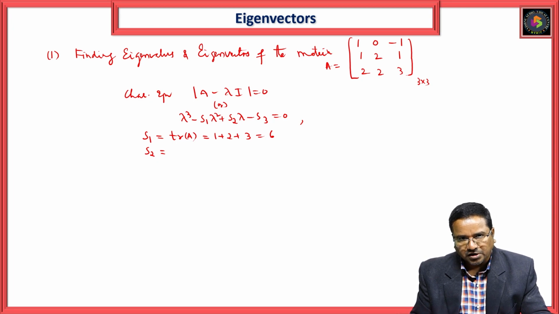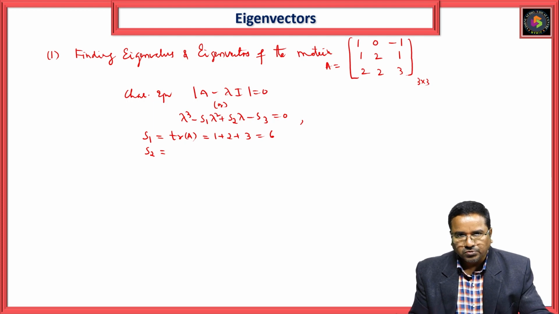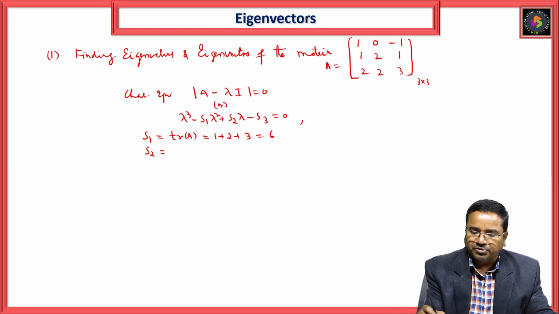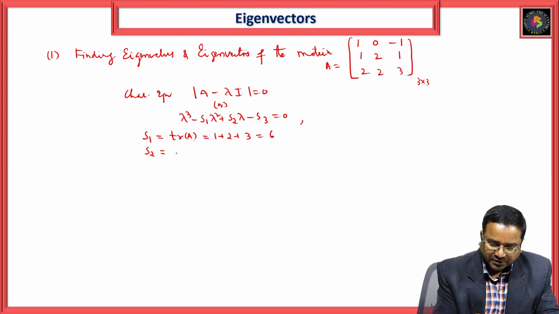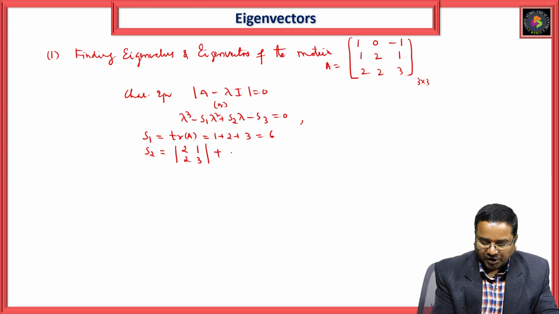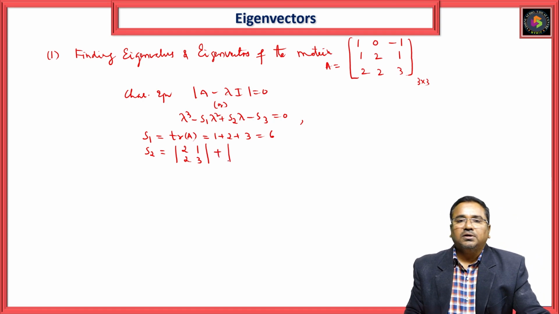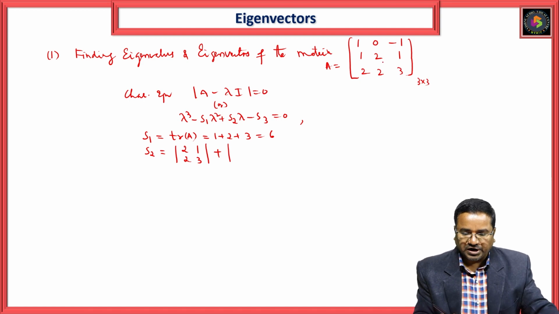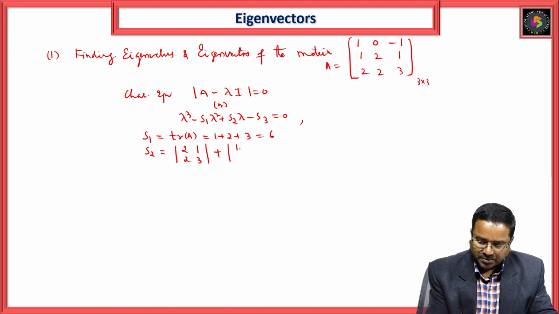So we find the minor of A11, the minor of A22 and the minor of A33, and add these 3 to get S2. First we compute the minor of A11 by deleting the first row and first column, which gives 2, 1, 2, 3. For the minor of A22, delete the second row and second column, which gives 1, minus 1, 2, 3.